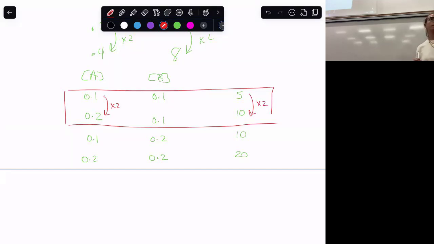So what is the order for A? It's first order because our times 2 and our times 2 are the same. If it was 0.3 and 15, it would be times 3 and times 3. As long as those multiplications are the same, it's first order. So we know that A has to be first order.